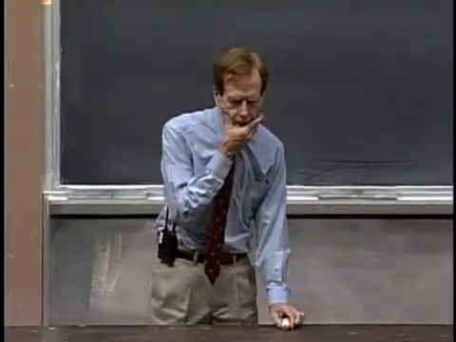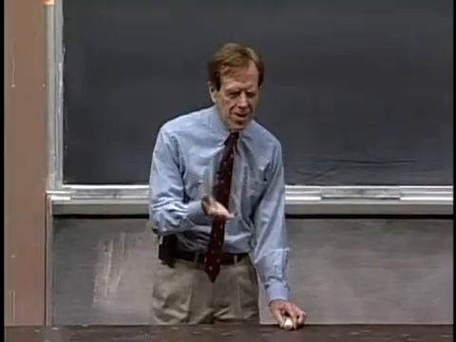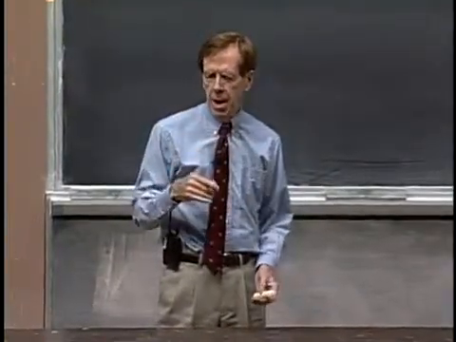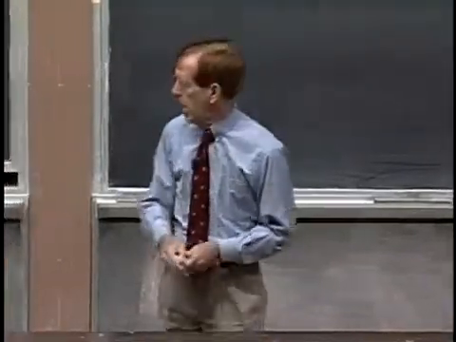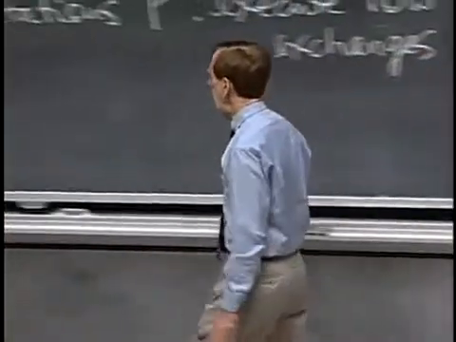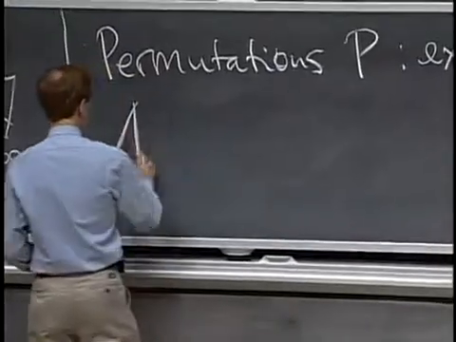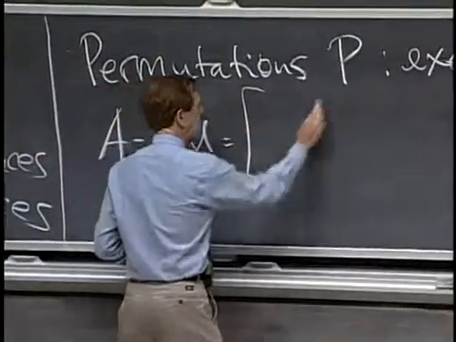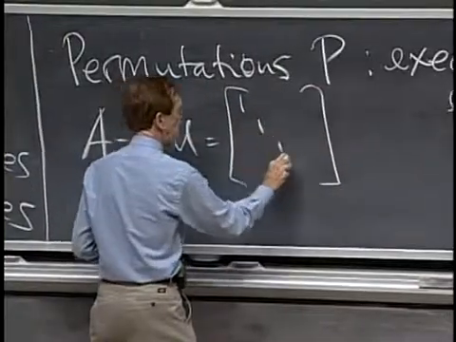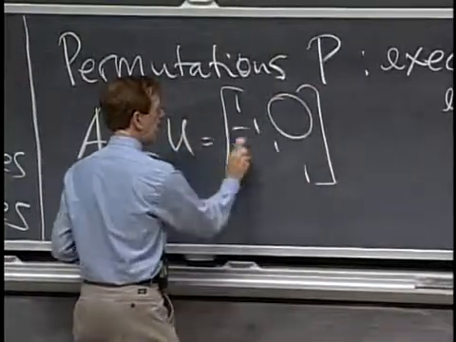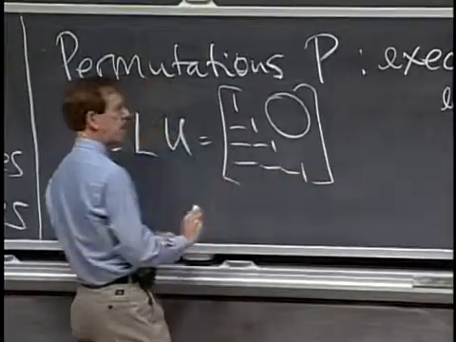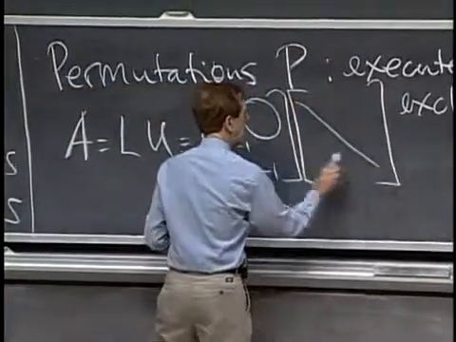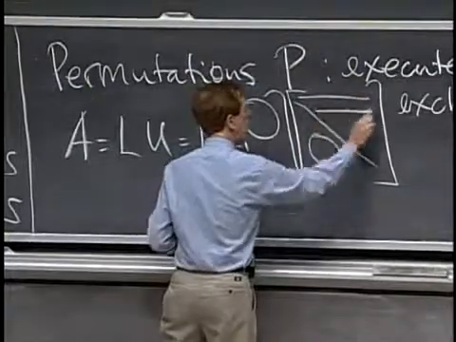Then all I want to do is say, and I won't make a big project out of this, what happens to A = LU? This was a matrix L with 1s on the diagonal and 0s above and multipliers below, and this U we know, with 0s down here.